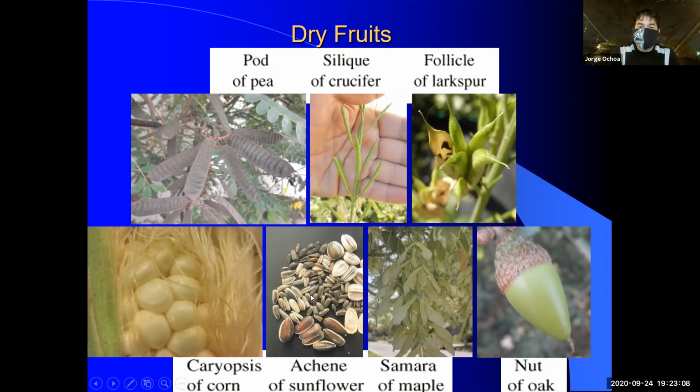And then we have achene, which is a single seed fruit, which is going to be a sunflower or dandelions. We have samara, which is going to be known as a single seed with a wing, and that's going to be the fruit of maples and a few other plants. And then we have what is known as the true nuts.